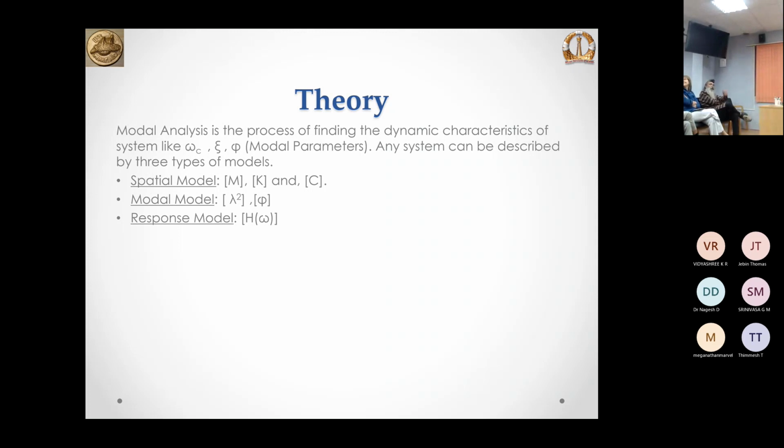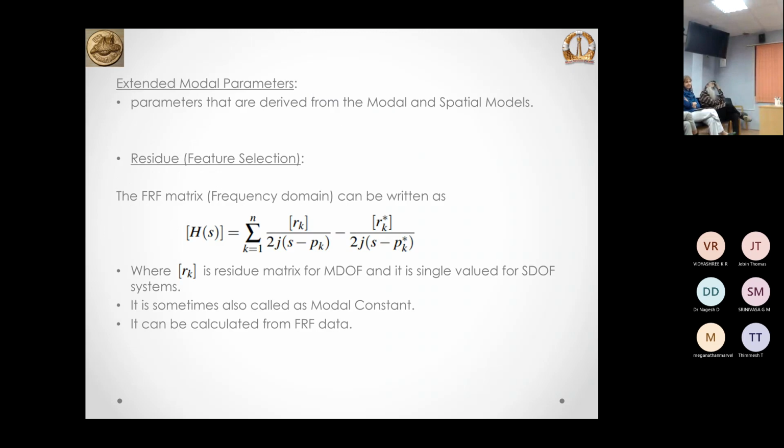That is the second way of representing. Third one is as a frequency response function. I'll be using the frequency response approach here, in the frequency domain, and I used extended model parameters. They are derived quantities from the models.